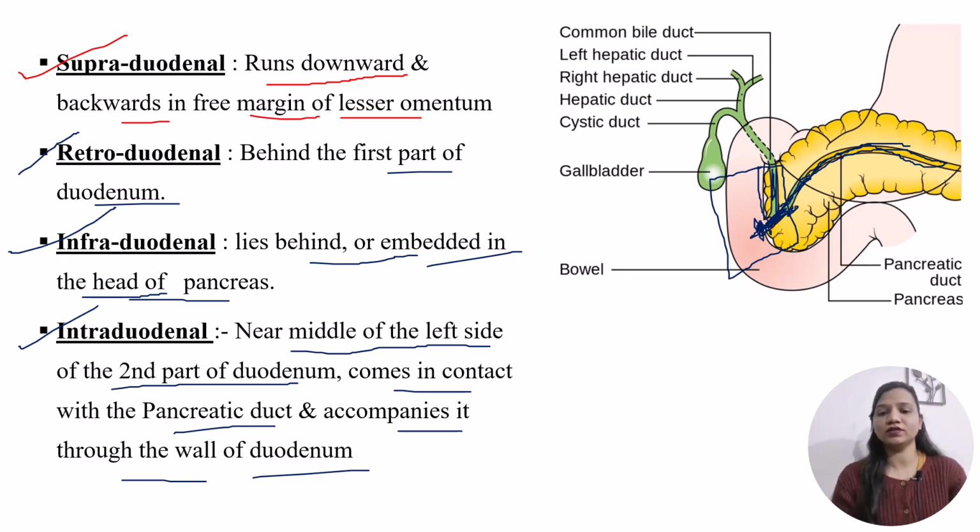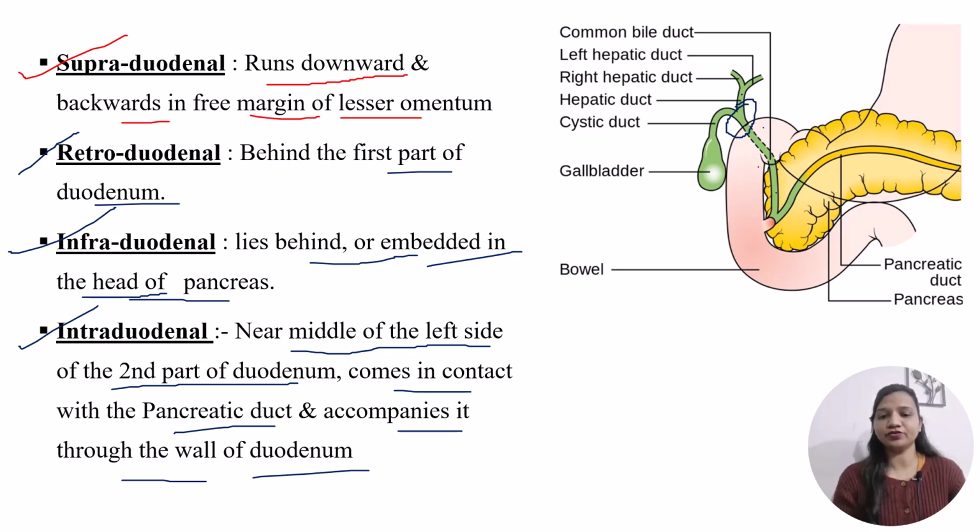So all this is happening inside the wall of the duodenum. The bile duct accompanies the pancreatic duct and enters the wall of the duodenum. So these are the four parts of the bile duct that we have discussed. First is the supraduodenal part, which is present above the duodenum.